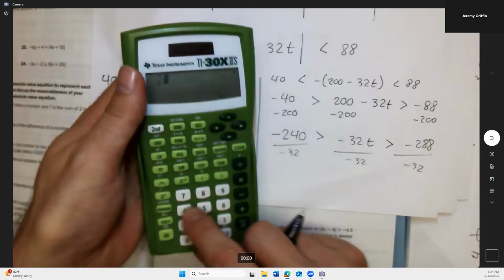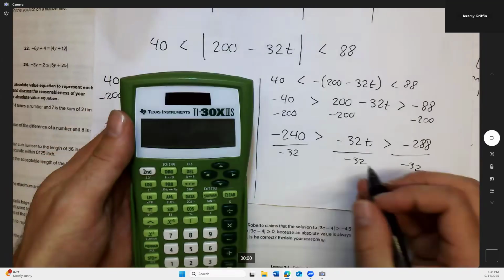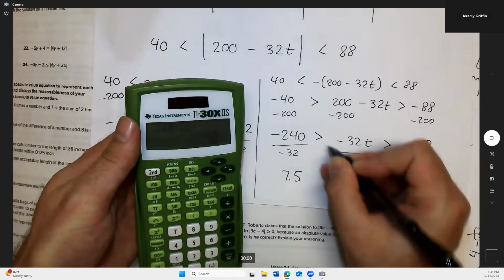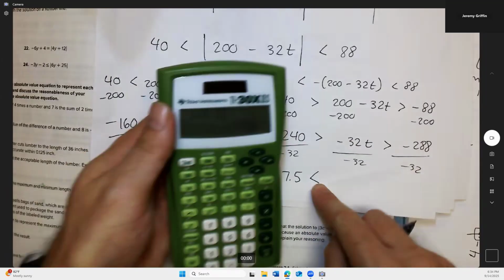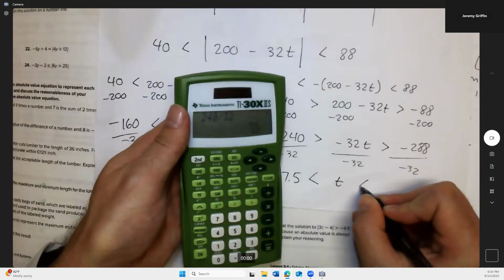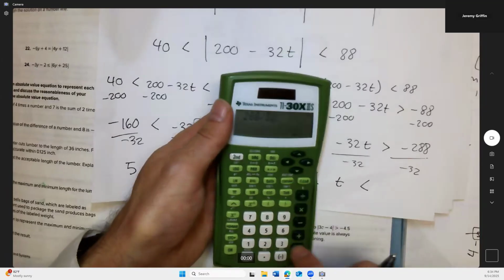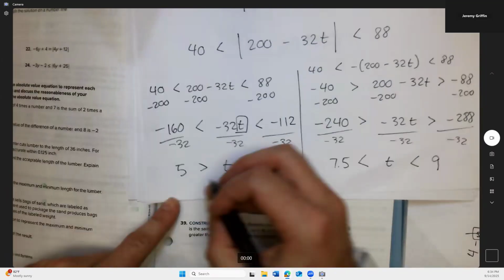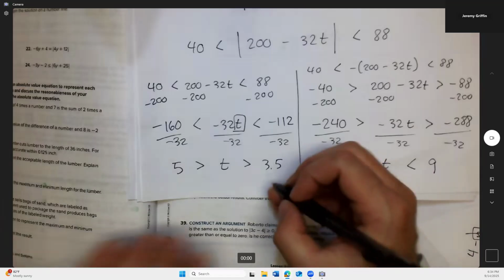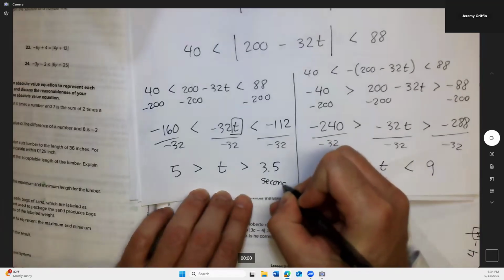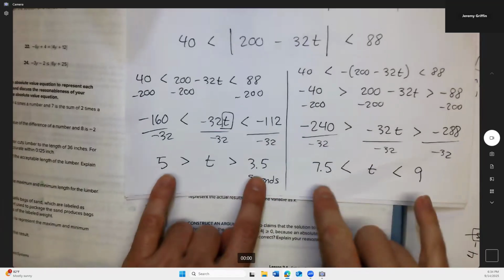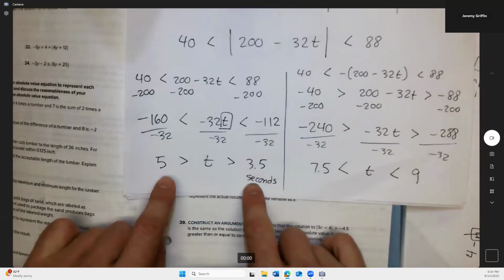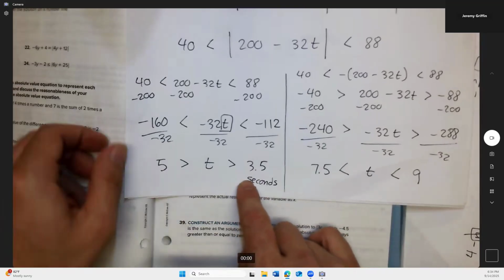And over here, 240 over 32 is 7.5, and this changes direction. This is just t, and then 288 over 32 is 9. These would be seconds. So the time can be between 3.5 and 5 seconds.